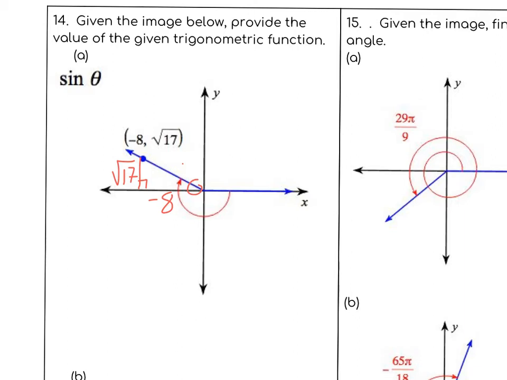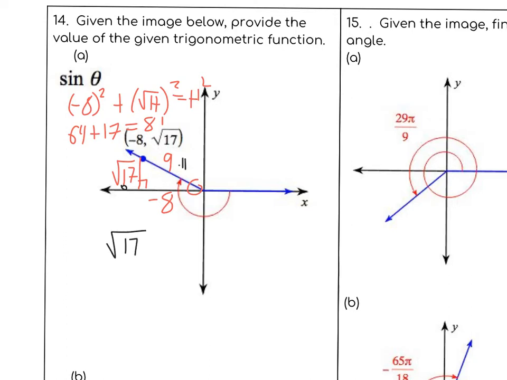So I do need that hypotenuse, and if we do negative 8 squared plus root 17 squared is equal to that hypotenuse squared, we get 64 plus 17, which happens to be 81. Hypotenuse is going to be 9. All right, sine is opposite divided by hypotenuse, which would be the square root of 17 divided by 9.